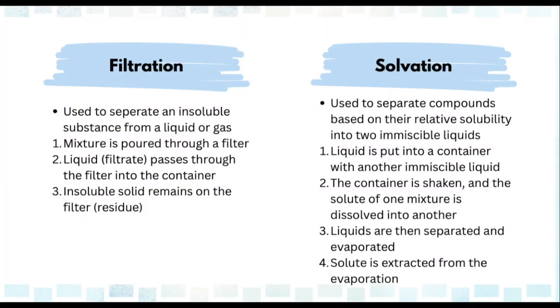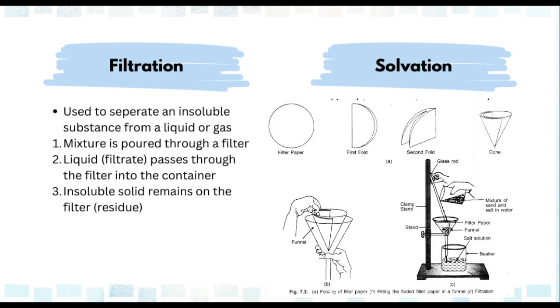First, let us talk about filtration. Filtration is used to separate an insoluble substance from a liquid or gas. A mixture is poured through a filter, usually filter paper. Say you have two pieces of filter paper, usually circular. You would bunch them up into a cone. This paper cone will be put into a funnel.